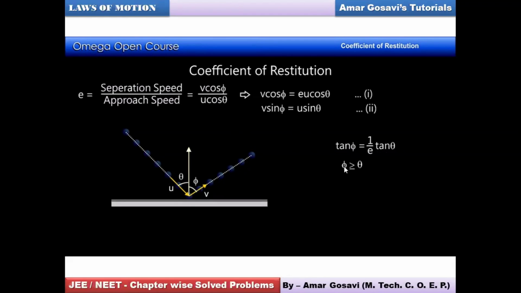Phi can never be less than theta in this case. Remember that. Whenever such a collision takes place in an inclined manner, and theta and phi are the angles associated with the initial and final velocities, phi has to be greater than or equal to theta, not less than theta.